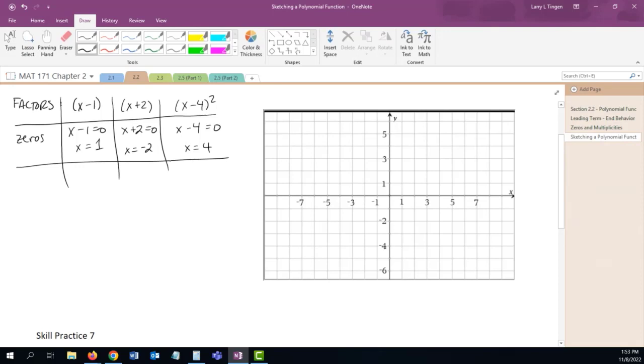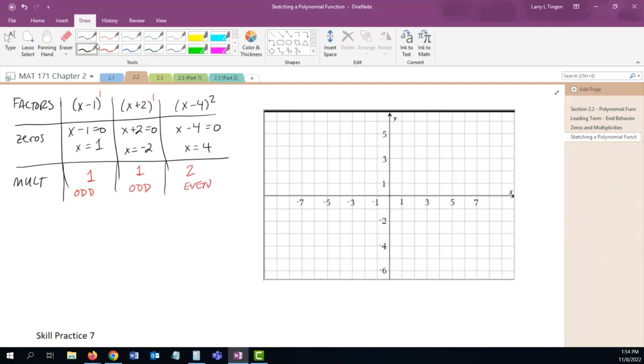Okay. And then what are the multiplicities? The power that they're raised to. If there's no power, it's always understood to be a 1. So this is a multiplicity of 1. Second one has a multiplicity of 1. And then the last one has a multiplicity of 2.